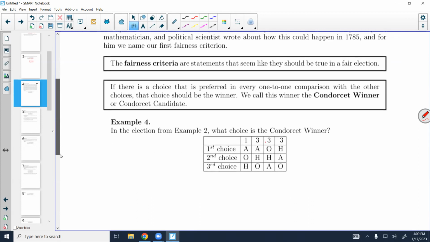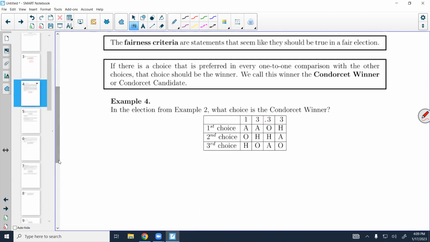So again, another way to look at this. We'll go back to our original ballot here, our original preference schedule. So now what we're going to do is head-to-head.